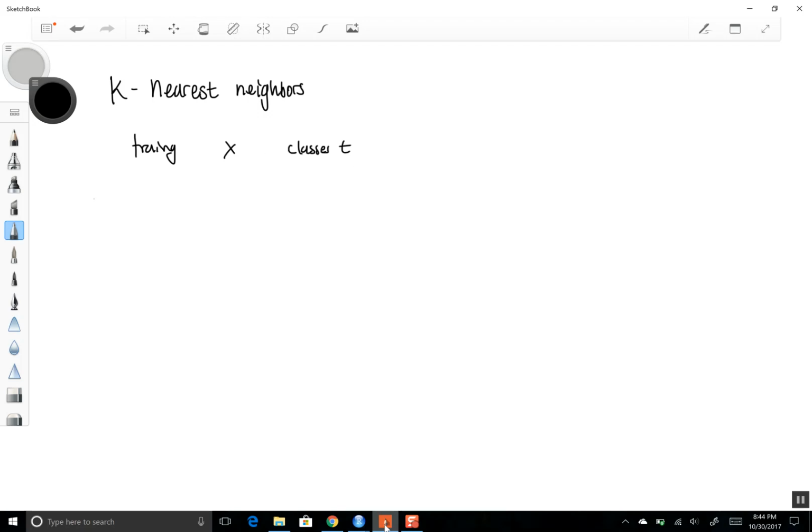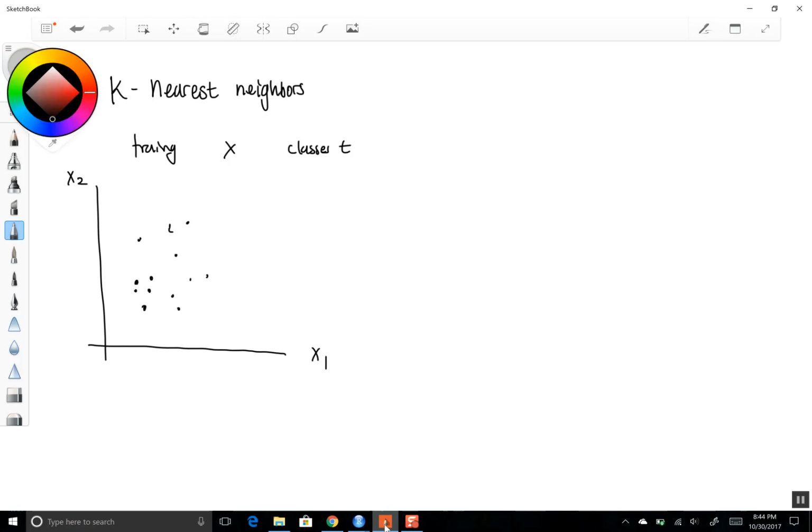Let's just say we have two x's, x1 and x2, and I'm going to just put some observations here. It doesn't really matter. So this will be class 1, and then over here we've got class 2. And so this is what we have here.